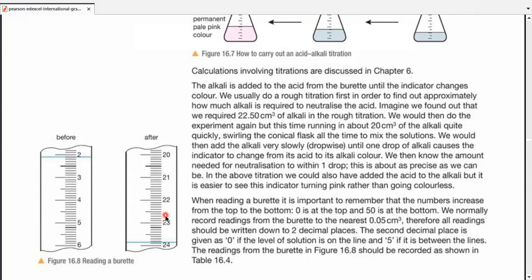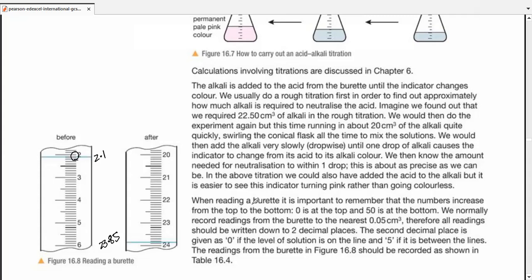This before and after diagram of reading a burette tells us that the burette started off with, take a look at this, 2.1 cubic centimeter, and we used it all the way to 23.85 cubic centimeter.